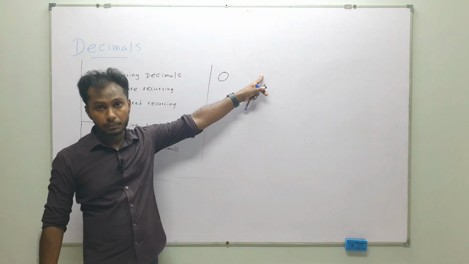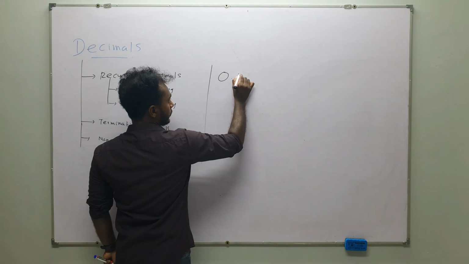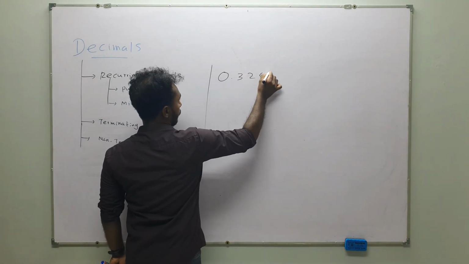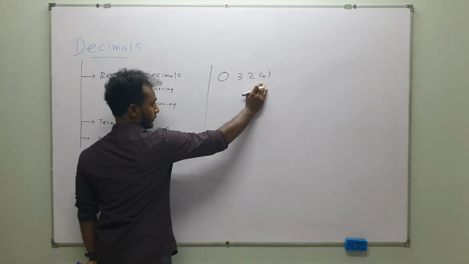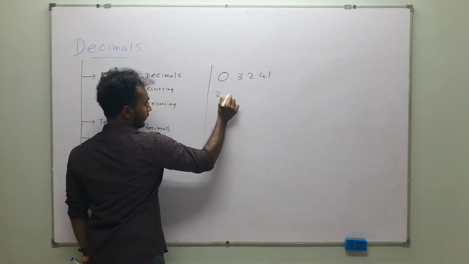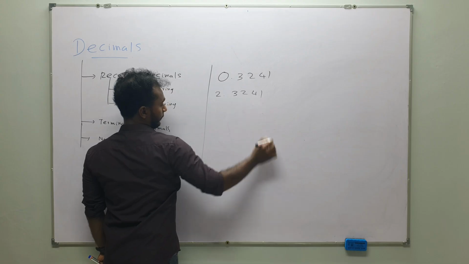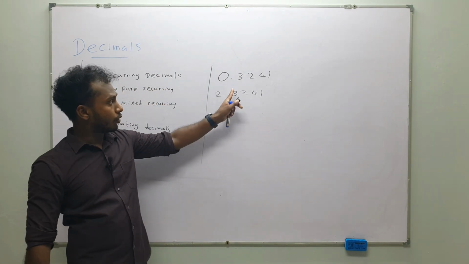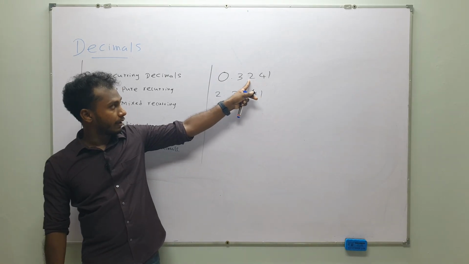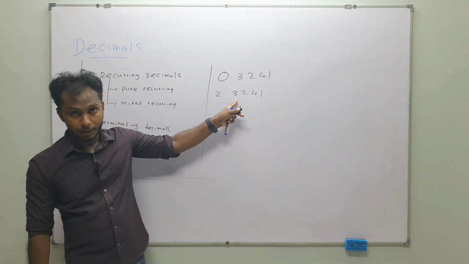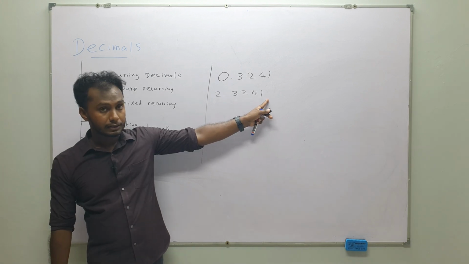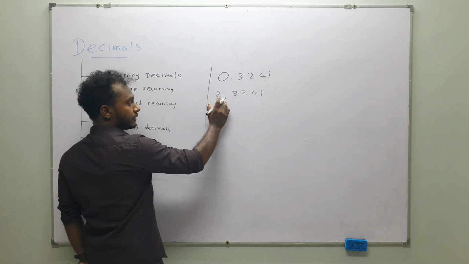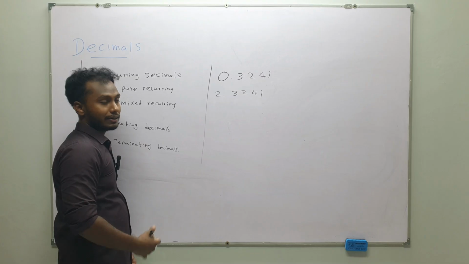Those are the decimal numbers. It could be 2.2341. So this is the whole number part, and this is the decimal section. The decimal values are always less than 1. The numbers after the decimal point we call decimal numbers.